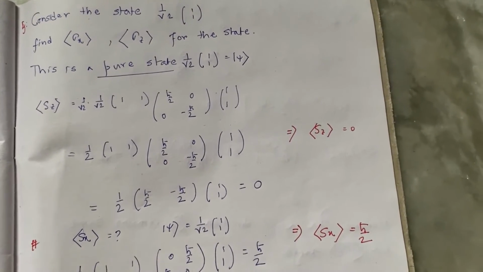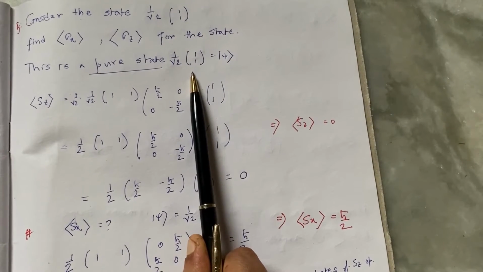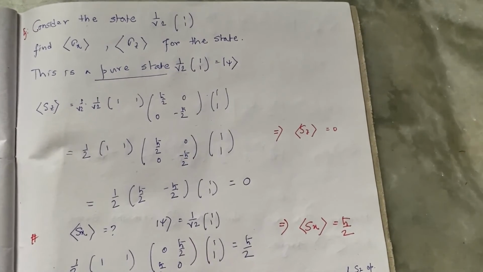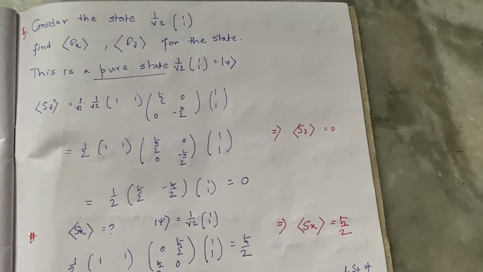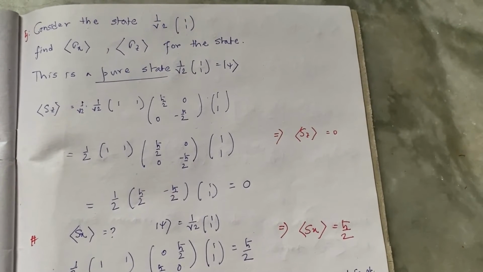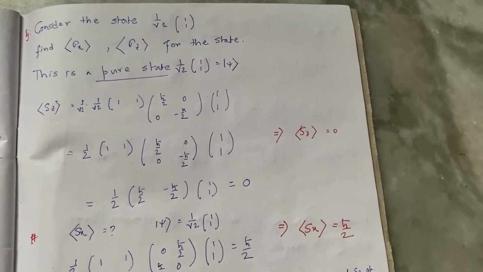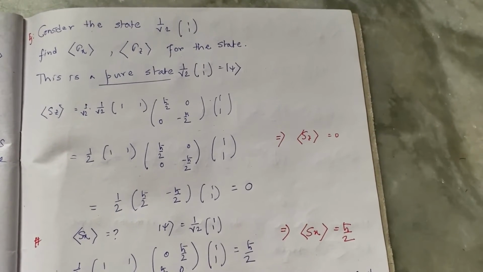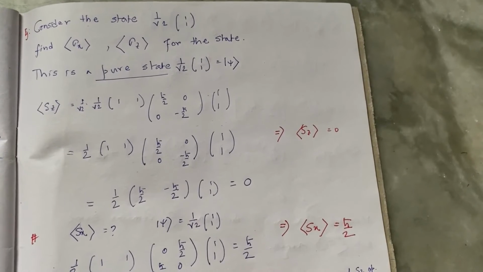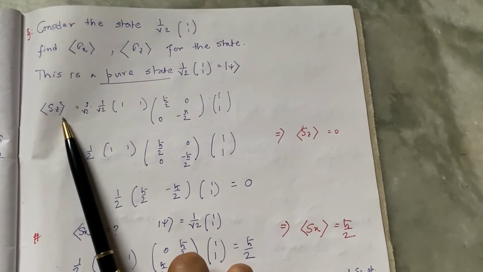Now our intuition says that as this is an eigenstate of Sx, I will not be able to get the spin value along the z direction if I measure the spin value in a state which corresponds to the x direction. So let us find out the spin value along the z direction.